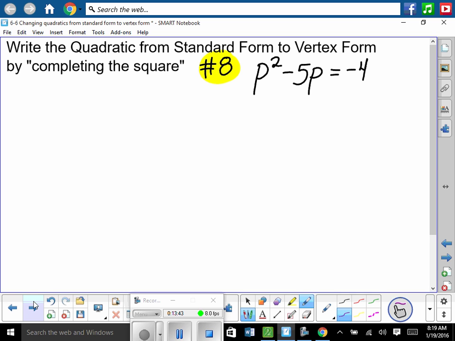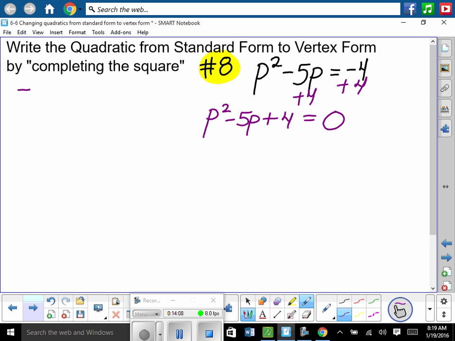So once again, first step, if we're rewriting this in vertex form, we've got to make sure it's set equal to 0 and in standard form. On number 8, it's equal to negative 4. So I'm going to add 4 to both sides. So I have p squared minus 5p plus 4 is equal to 0. And then I can continue. My a value is 1, so I can start going.